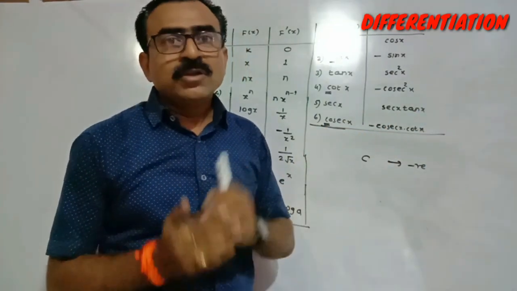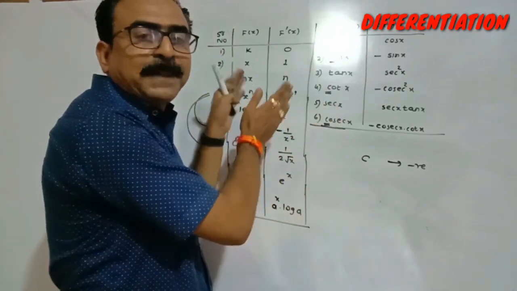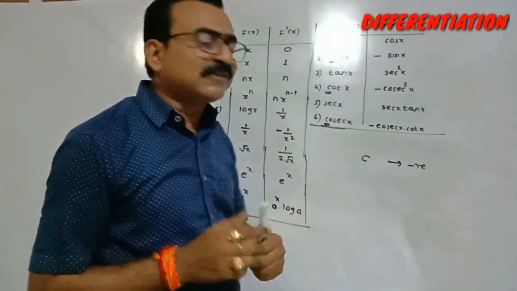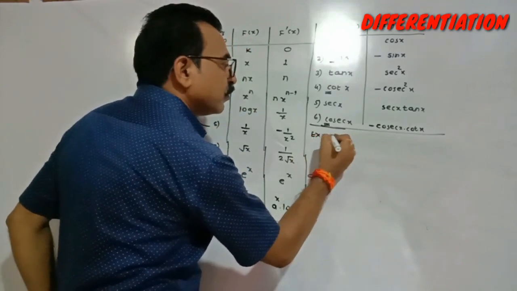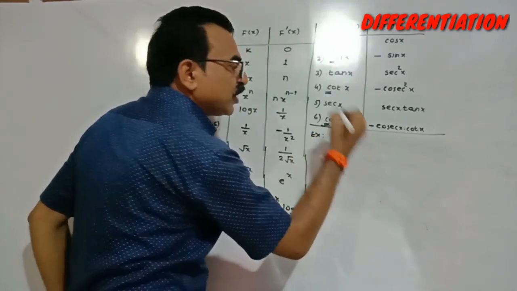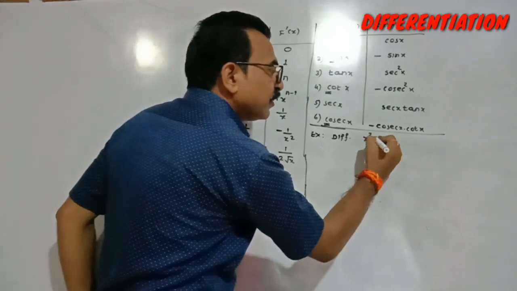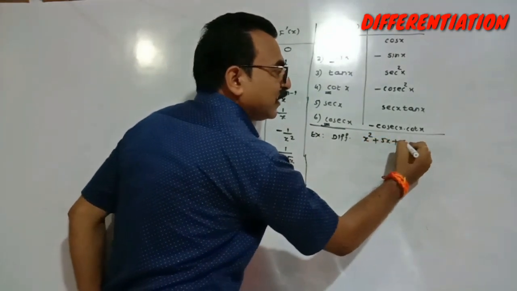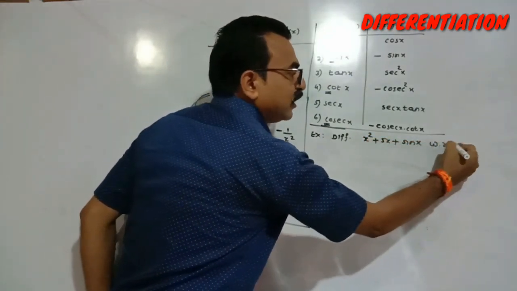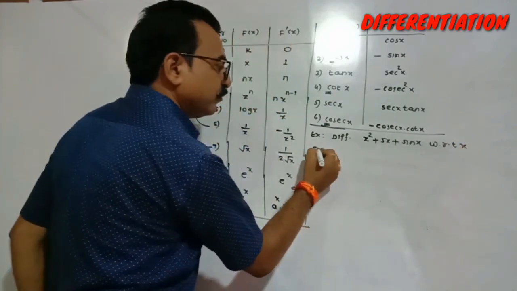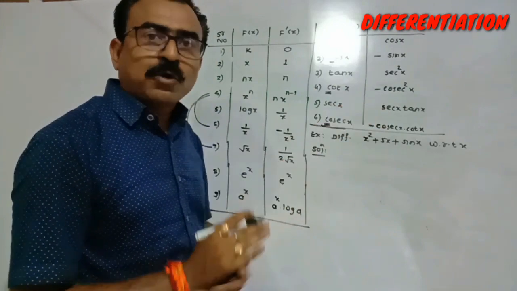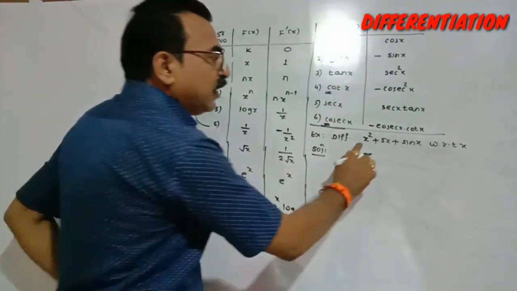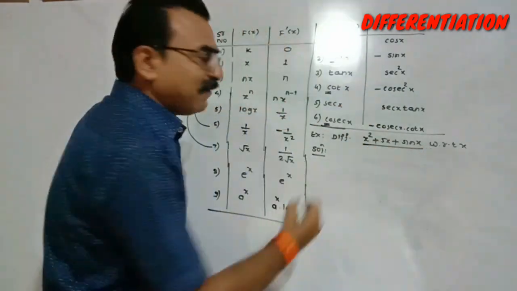Got it? So friend, to understand this formula better, let us take an example. Your question is differentiate x square plus 5x plus sin x with respect to x. While solving this problem, initially represent the given function by y.